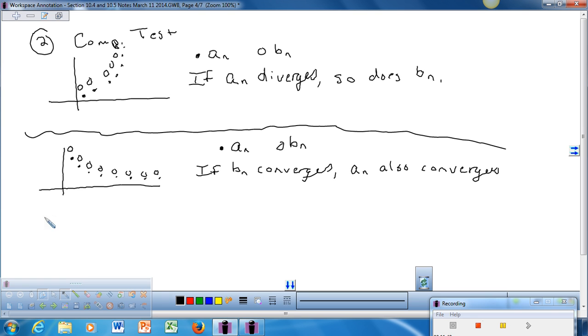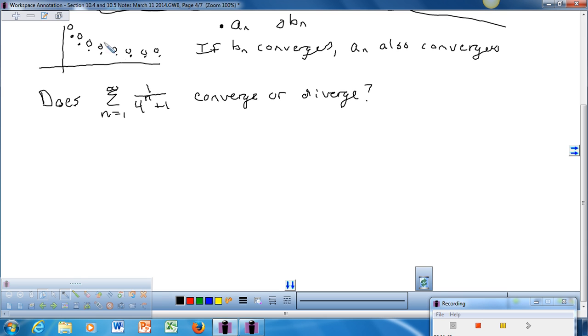Let's say I want to know, does the sum from n equals 1 to infinity of 1 over 4 to the n plus 1 converge or diverge? That's the question. And I want to use the comparison test.